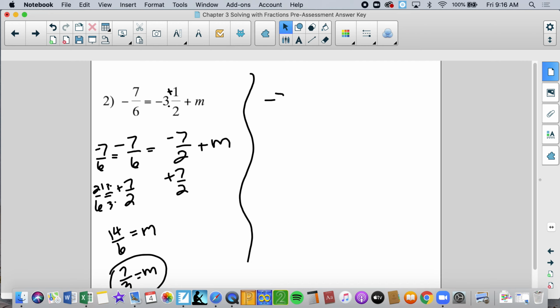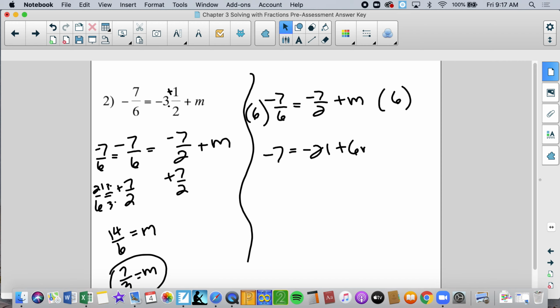Let's do the canceling. That's going to end up being -7/2 plus m. We would multiply everything by 6. You get -7 equals 2 goes into 6 3 times, -21 plus 6m. Notice I'm distributing it.